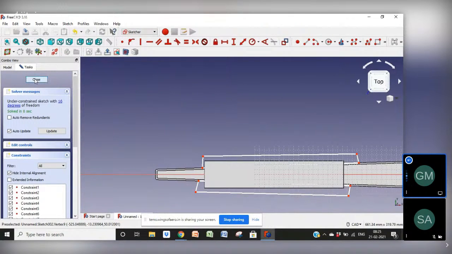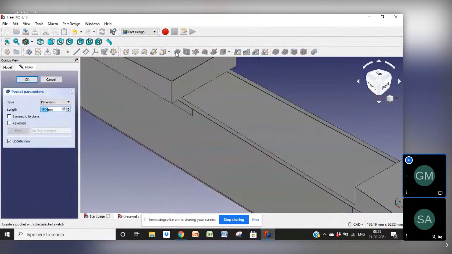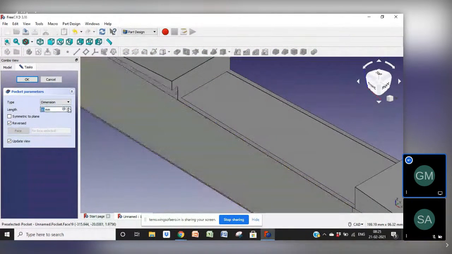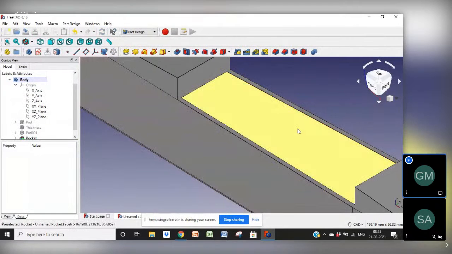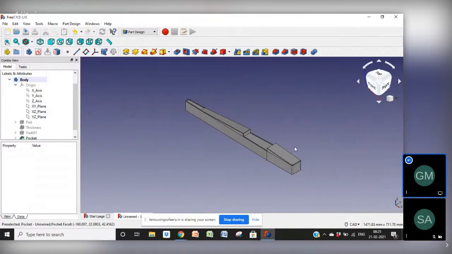But where I will do, close it and make a pocket in reverse direction and cut it. Okay, now you can see it. Isometric, zoom to fit. Here it is. We have closed it.